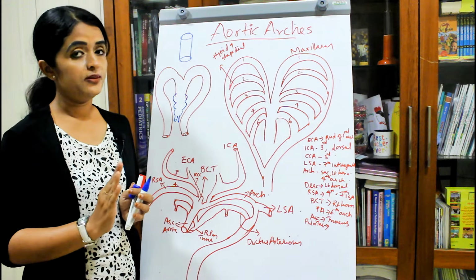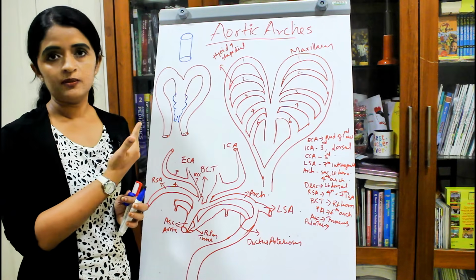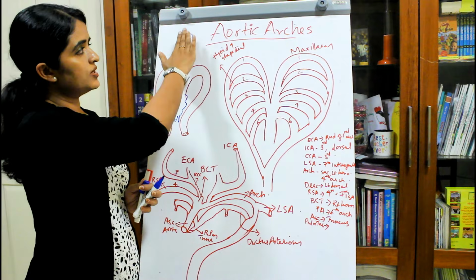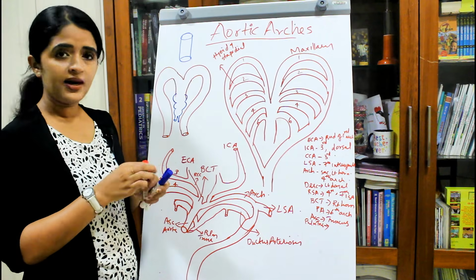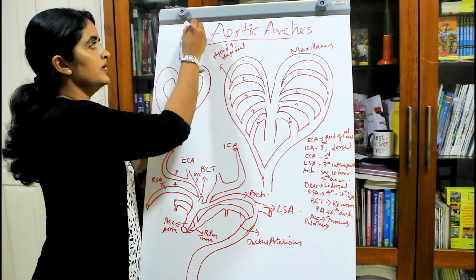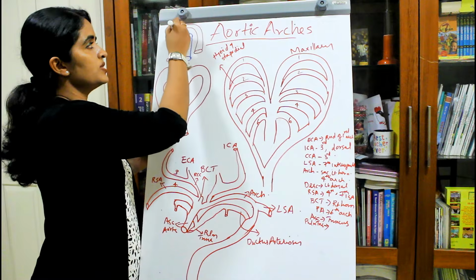I have already mentioned that there are two primitive aortae on either side of the body. So when you're having a look from the side, imagine that this is the foregut, and you have the primitive aortae like this. Like this you have on both sides.